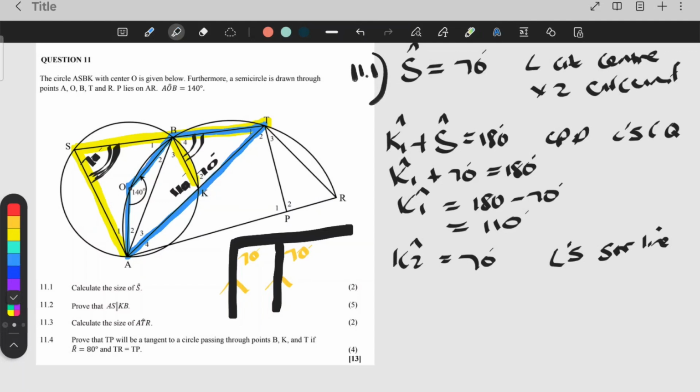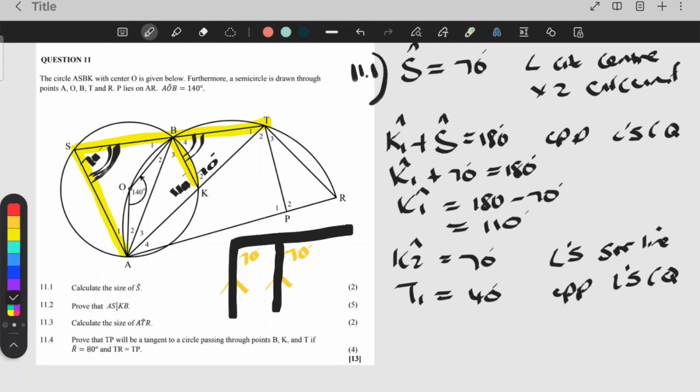It touches the circumference at 4 places. Circumference, circumference, circumference, circumference. That's of the semicircle. So that is also a cyclic quad. So if this angle is 140, then this angle is 40. Opposite angles of a cyclic quad. T1 is 40.